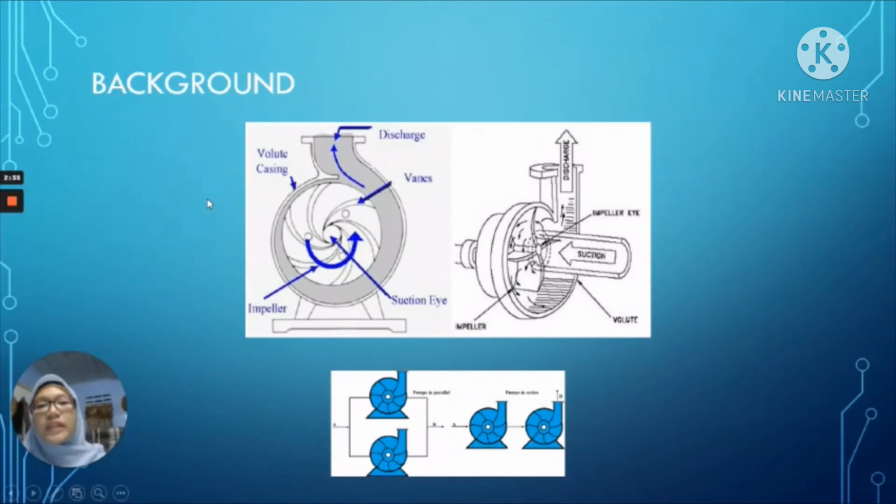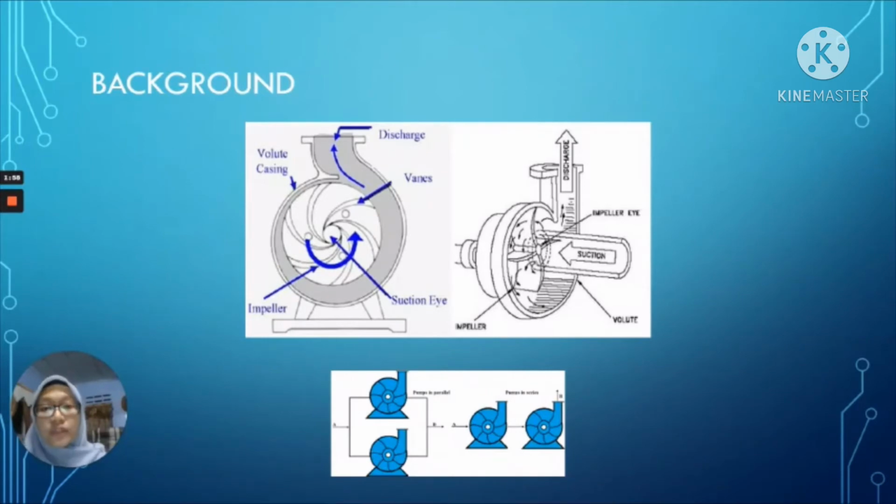The series pump can be considered as a series of centrifugal pumps that supply one another in series, thus progressively increasing the discharge pressure.